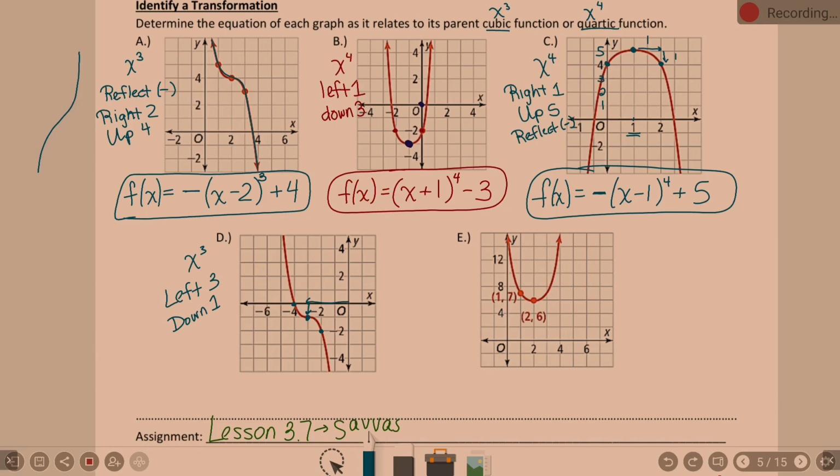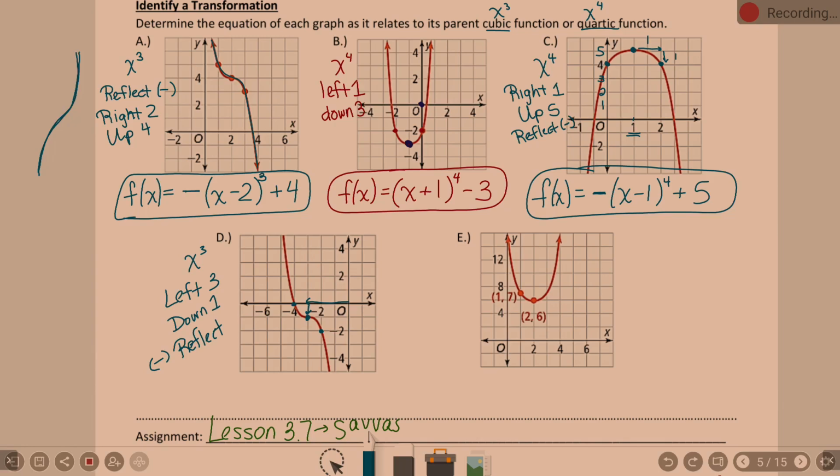And anything else? Is it a reflection again? Your normal graph is the increasing one. This is decreasing. So this is a reflection again, which means there's going to be a negative. We already decided no stretch or compression, so we're good to go.